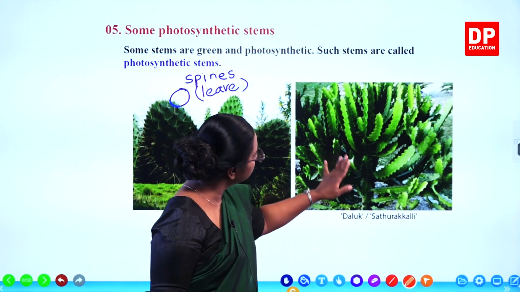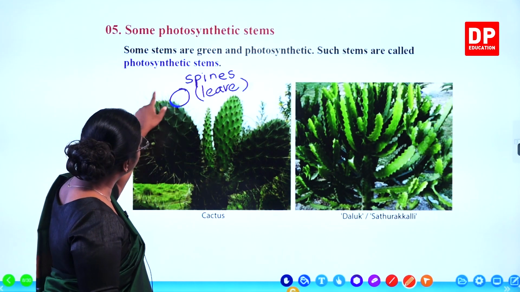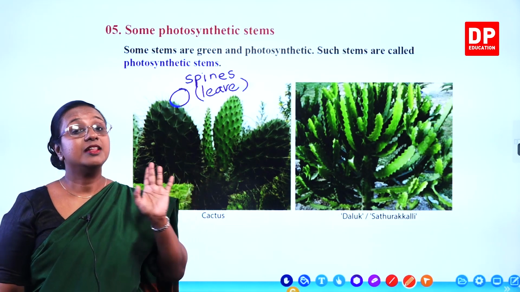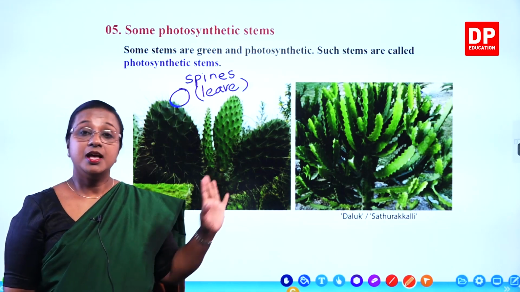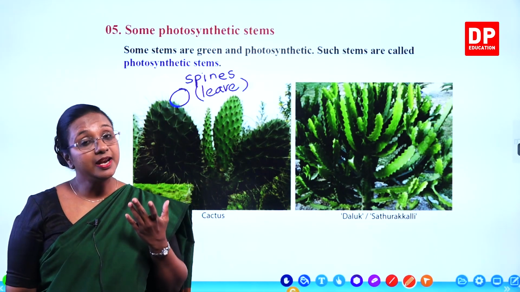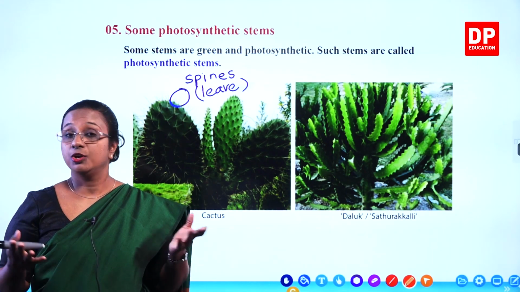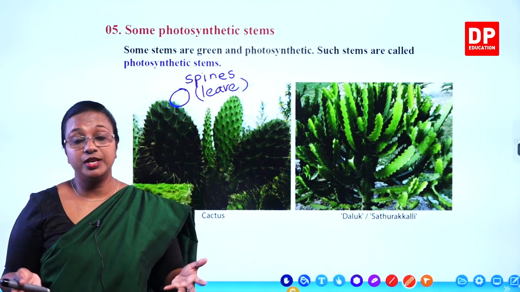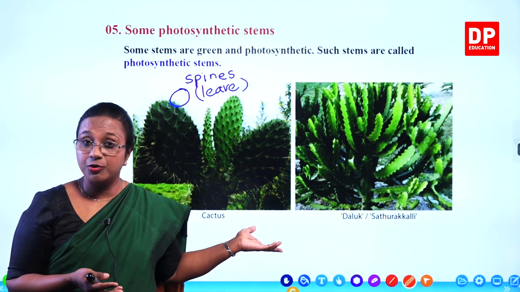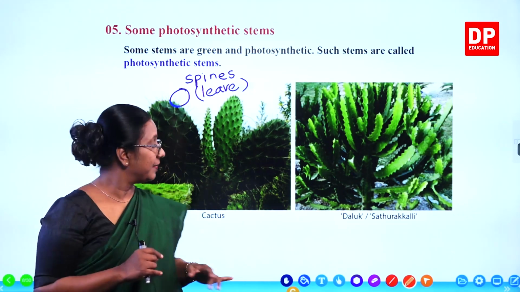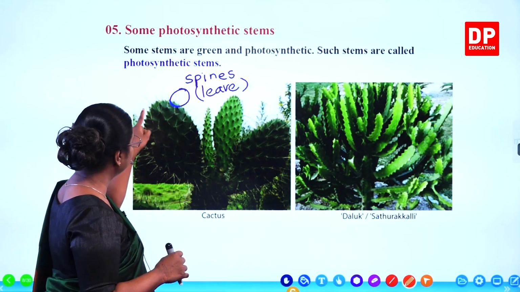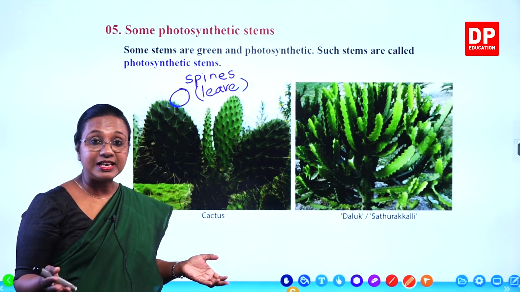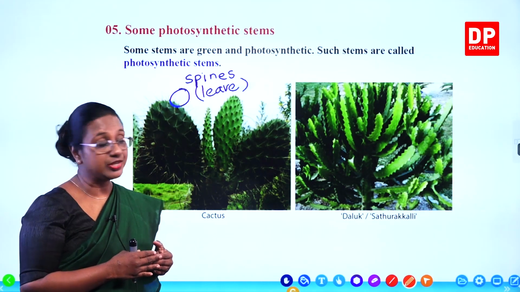The same here, you can see here also. When the leaves become spines, what is the main function of the leaf? They are there to do photosynthesis. Now they have become the spine. Can they do the photosynthesis? No. But the plant has to produce its own food. It has to do photosynthesis. It has to be autotrophic. So what happens? The stem becomes fleshy, it becomes green in color, that means it has chlorophyll and it does photosynthesis.